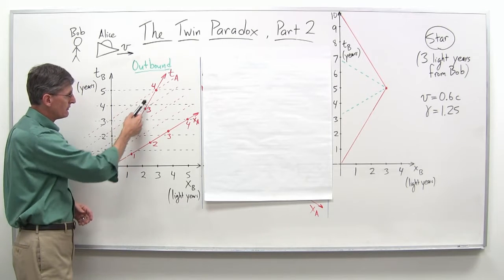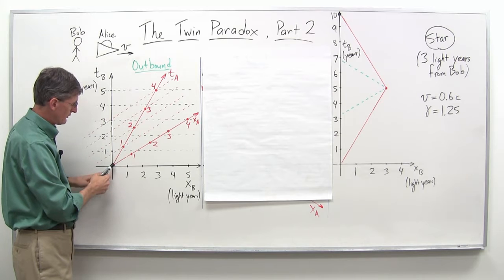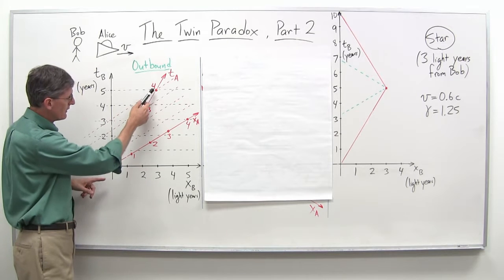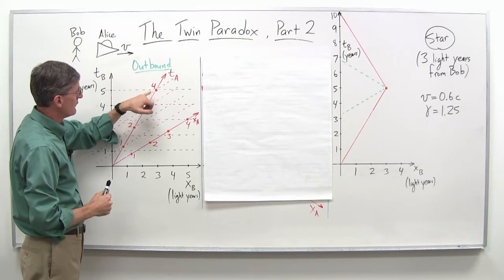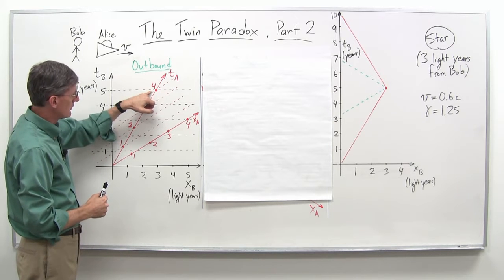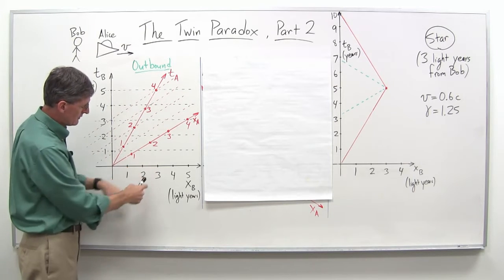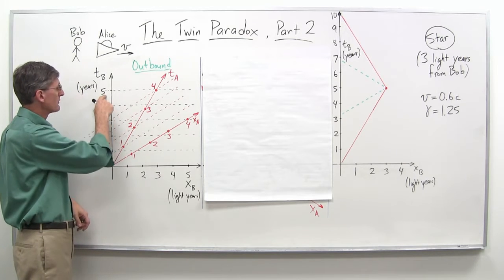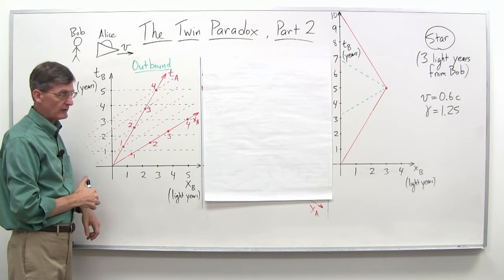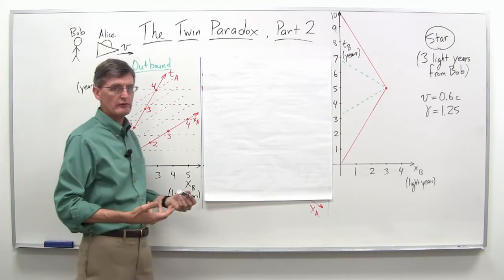She's moving along the t sub a axis, and we can see that as she moves along, when she gets to 4 years on her clocks, she's at the star, 3 light years away. And on Bob's clocks, that reads 5 years. In the next part, we're going to do this quantitatively.